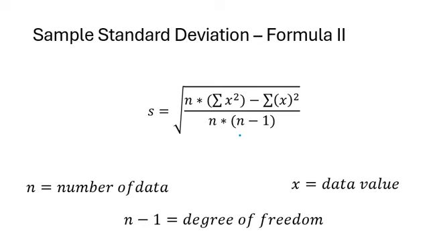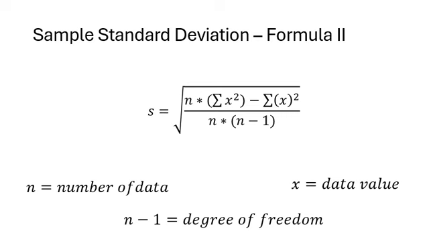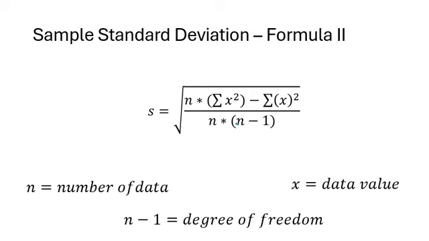We can calculate the sample standard deviation with two different formulas. I have already shown you the first one, and this is the second formula. The difference is that the first formula uses the sample data mean, and the second one does not use the mean at all.